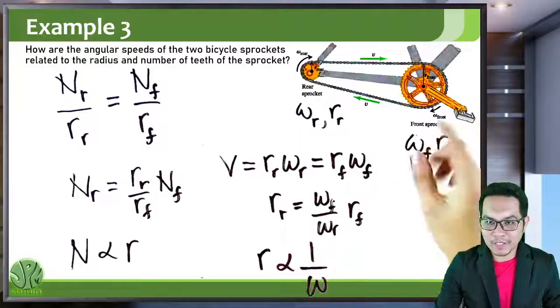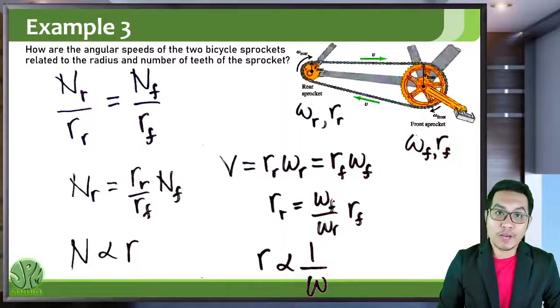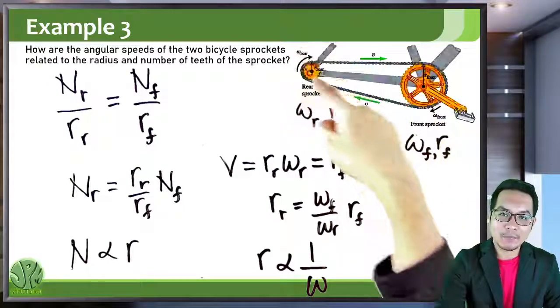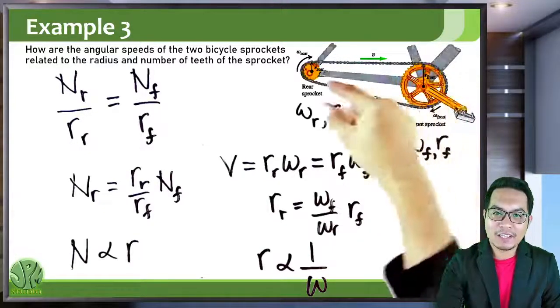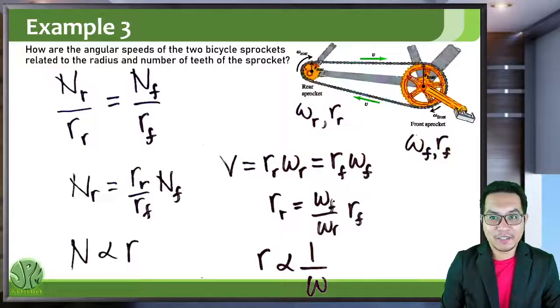Most bicycles are designed this way. But you also have mountain bikes, which can have different gears in the front and different gears in the rear. So you can reverse the radius ratio.